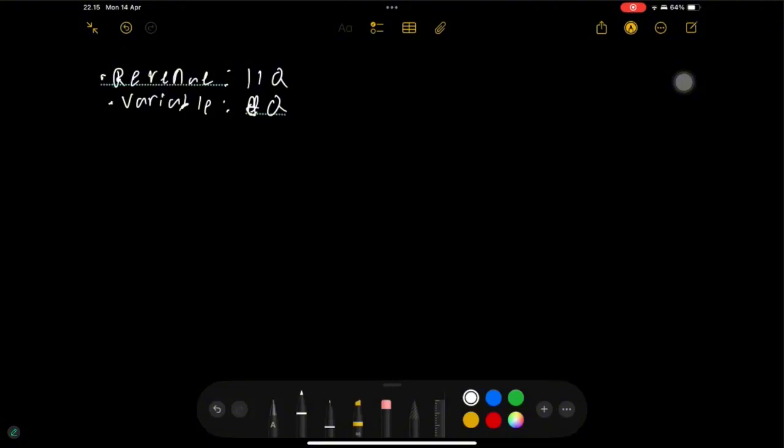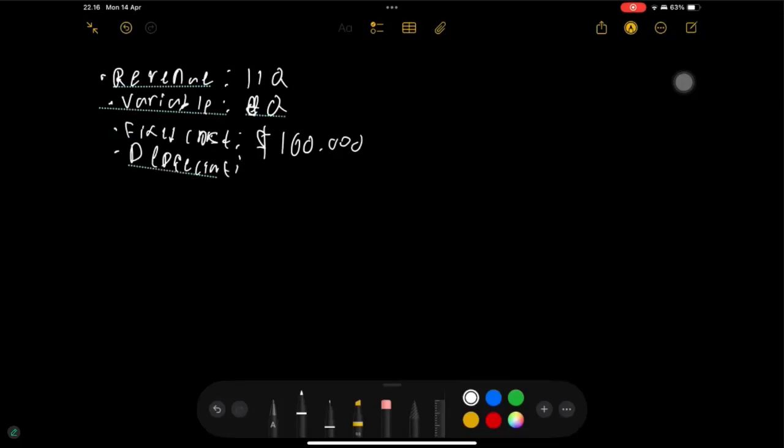The third one is fixed costs, which is $160,000. And the last one is depreciation, which is $1,102,000.